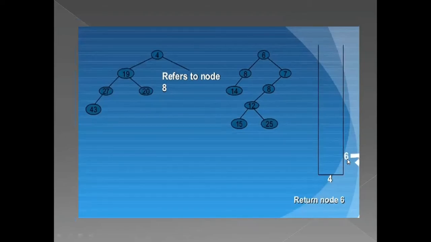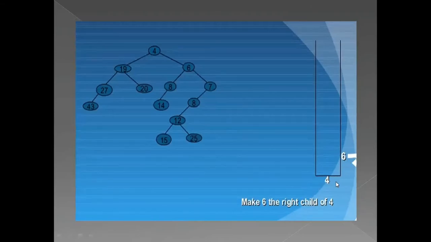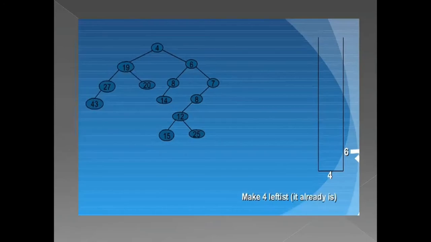After that, make 6 the right child of 4, because below 6 the element is 4, so we have to make 6 the right child of 4. We can see in the diagram that we have made 6 the right child of 4. After that, we make sure that 4 is leftist, which it already is.